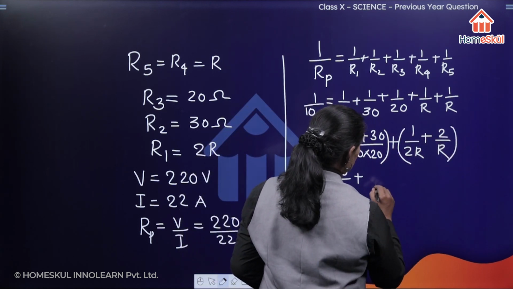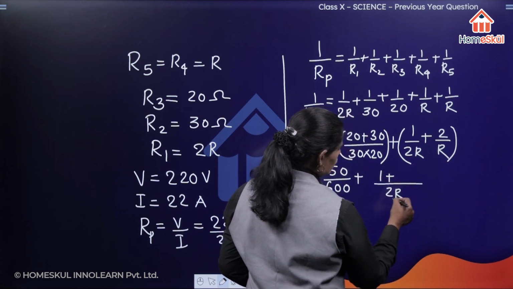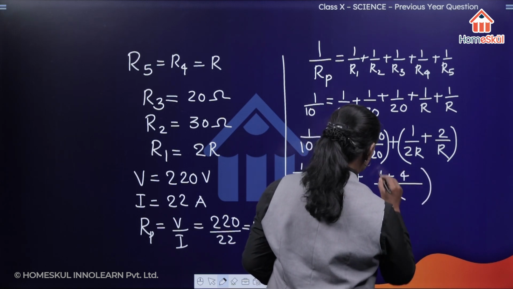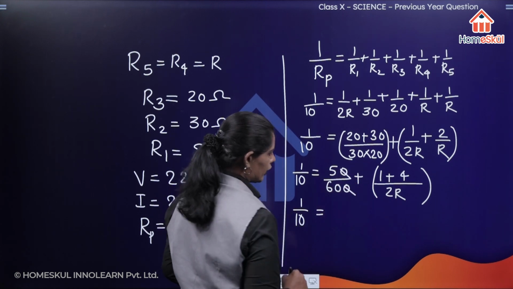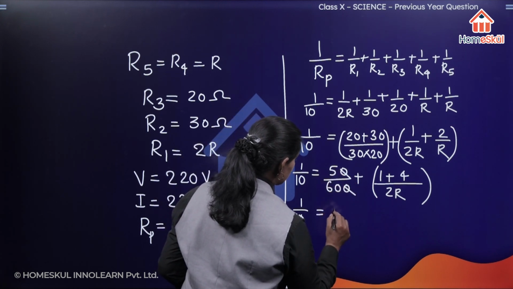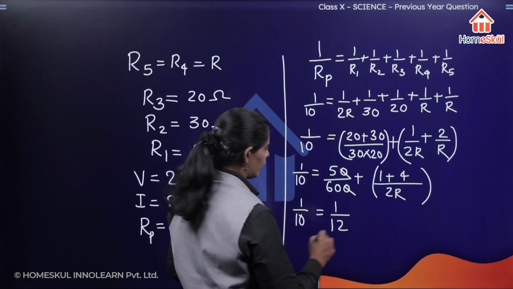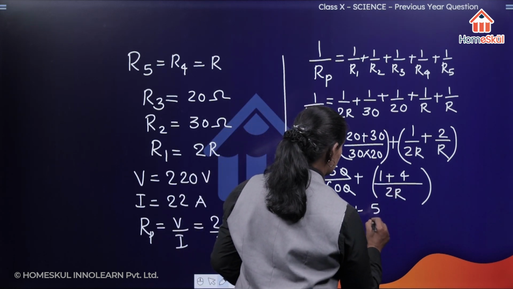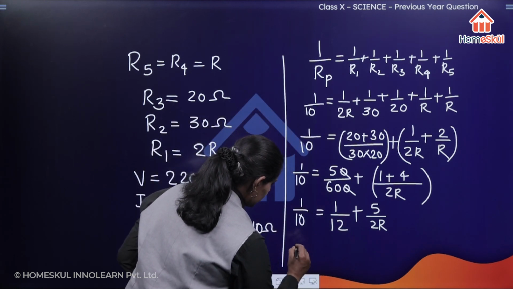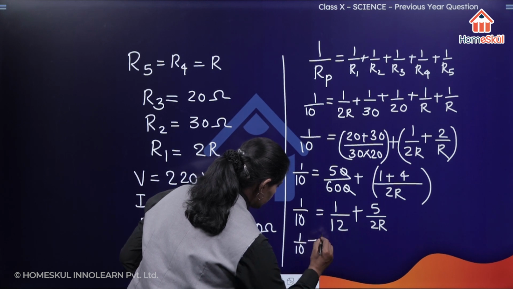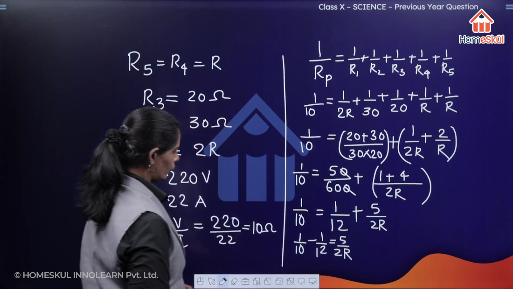Solving for these two, 2 by R and 1 by 2R, we get 4 plus 1, which is 5 by 2R. 50 by 600 reduces to 1 by 12, correct? Now again combining the terms, what do we get? 1 by 10, taking 1 by 12 to the other side, minus 1 by 12 equals 5 by 2R.